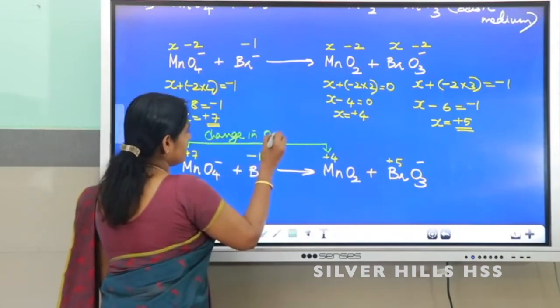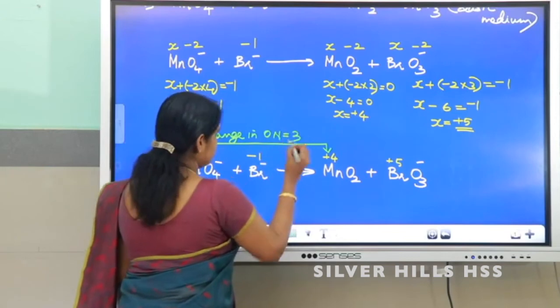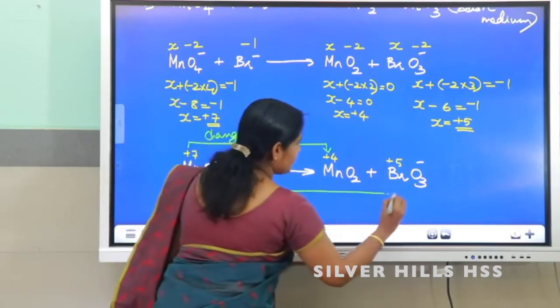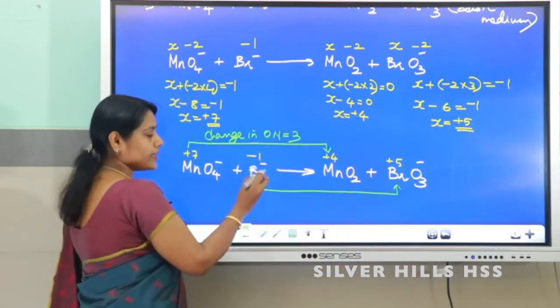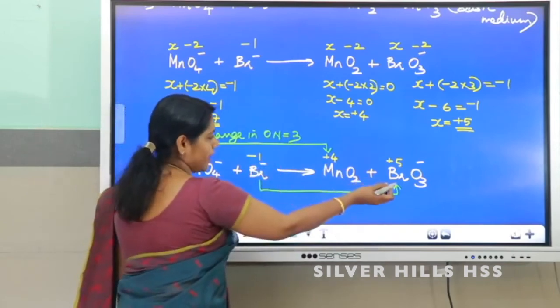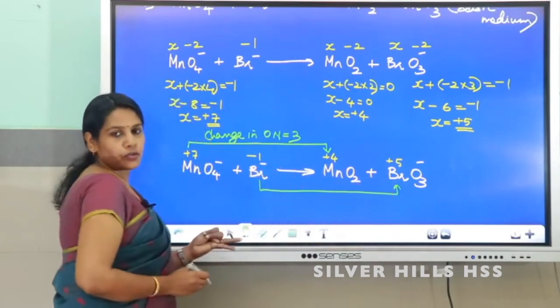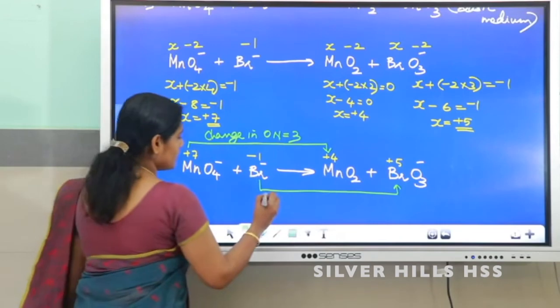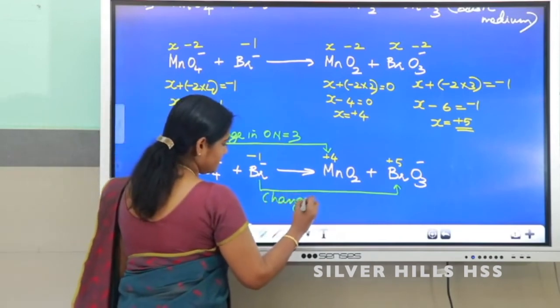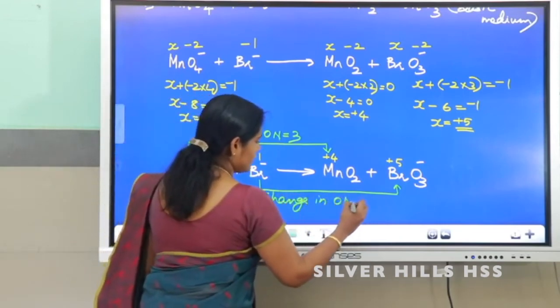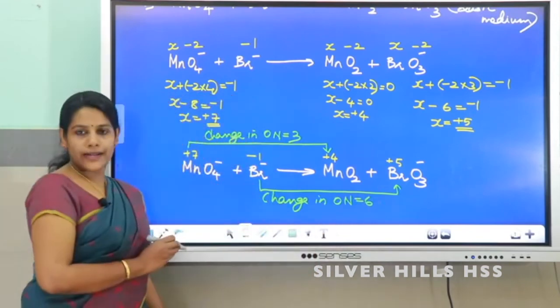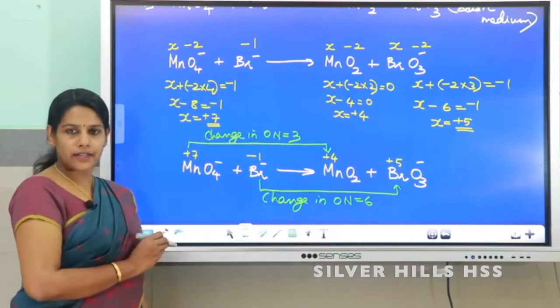Change in oxidation number is equal to 3. -1 becomes +5. So here we have -1 to +5, so we have 0, 1, 2, 3, 4, 5. So the change in oxidation number is equal to 6. Now, let us make the changes equal by multiplying with a coefficient.